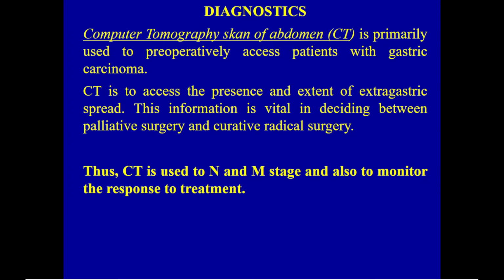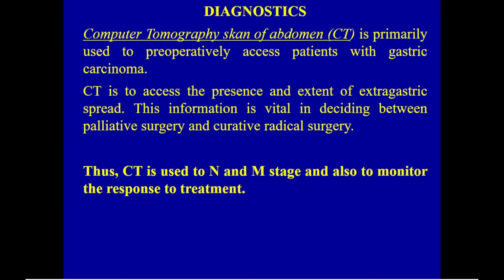Computed tomography, CT scan of abdomen, is primarily used to preoperatively assess patients with gastric carcinoma. CT scan is to assess the presence and extent of extragastric spread.